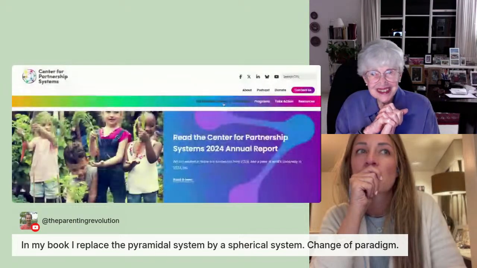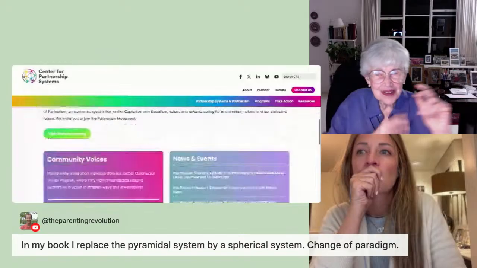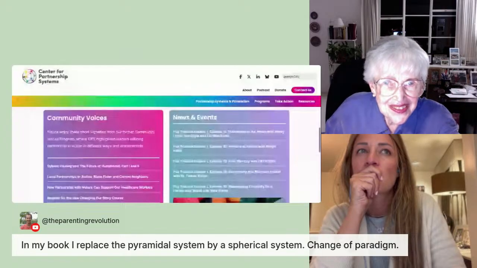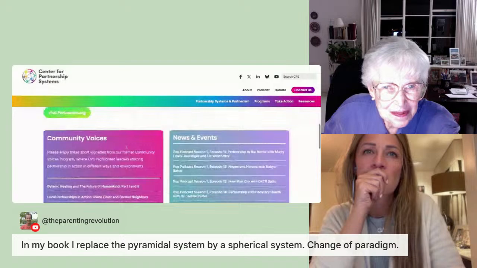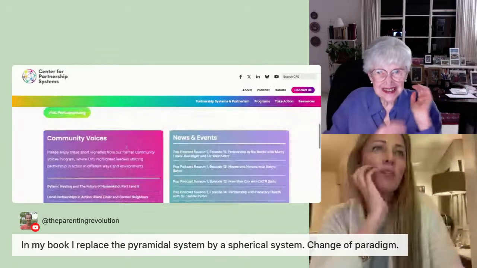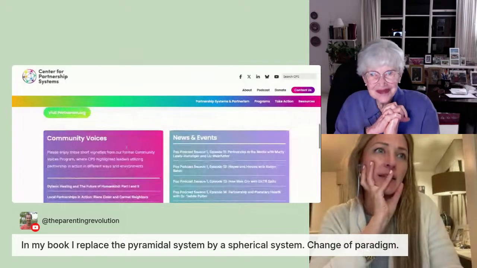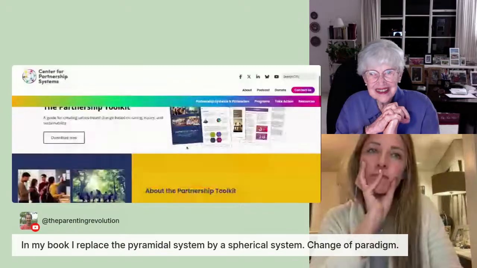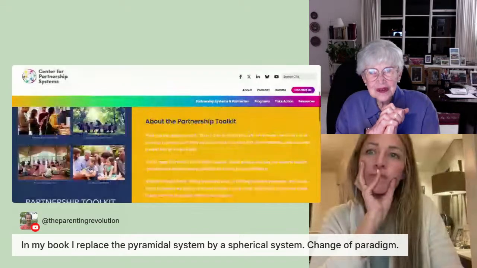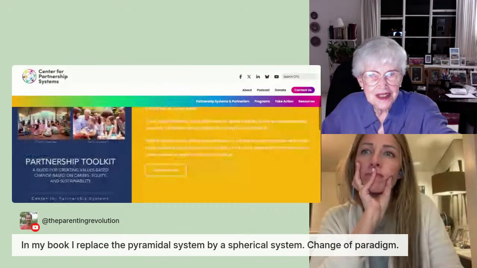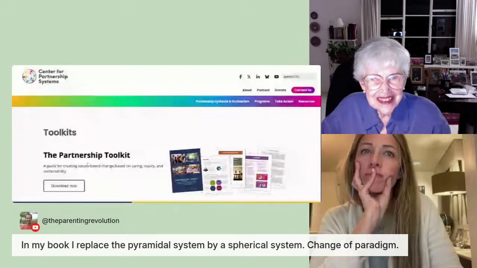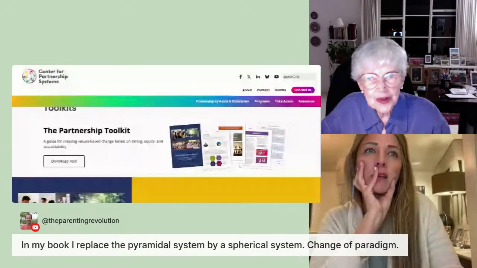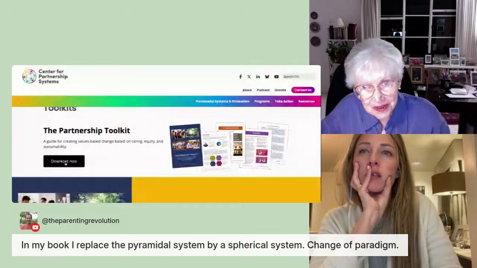Let me just look at resources, toolkits. Here it is. No, you can go up above. What are the three words above? The partnership toolkit. Oh, and you can get that free, by the way.